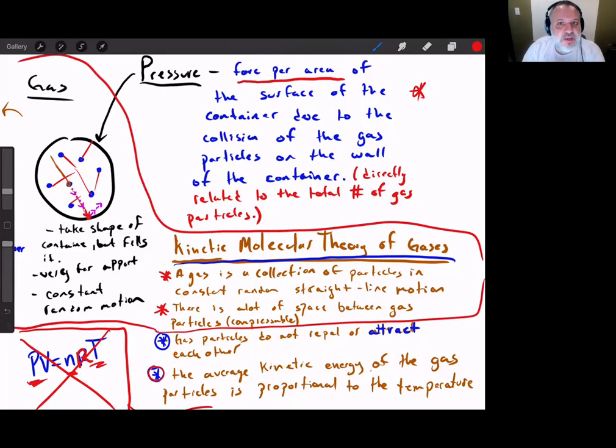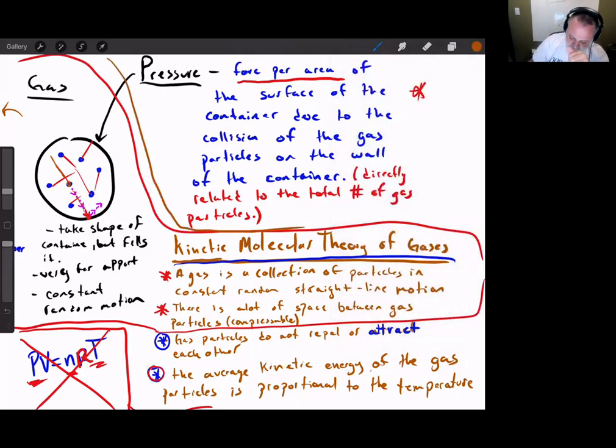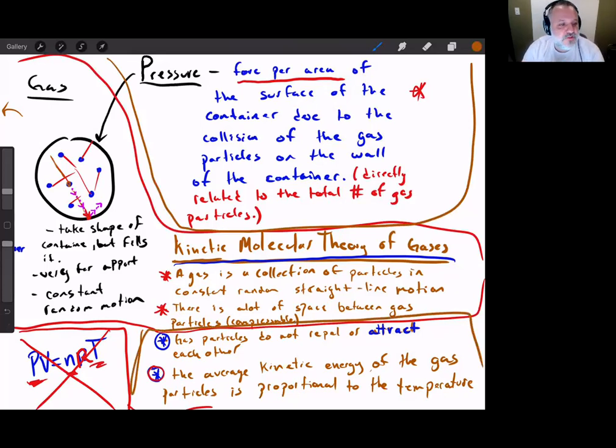If you can draw the picture and examine the picture, then you can get all of the words that I circled and read this time. The definition for pressure might be something that you have to commit to memory, and these two extra postulates, which aren't shown in the picture, you might have to commit to memory as well. Are there any other questions? Because I want to move on from gases at this point.